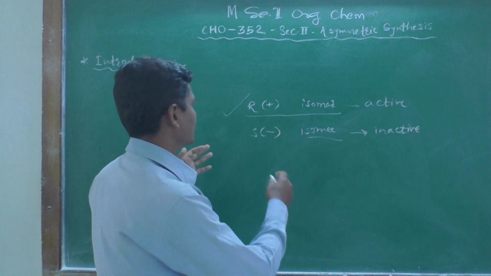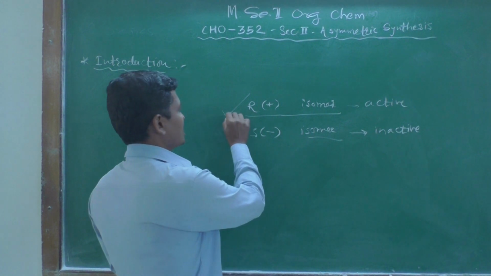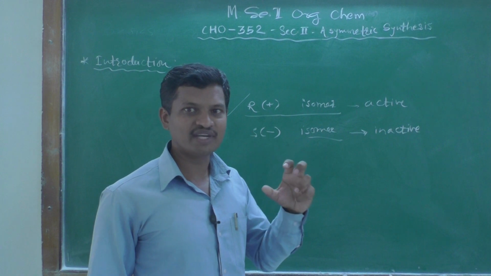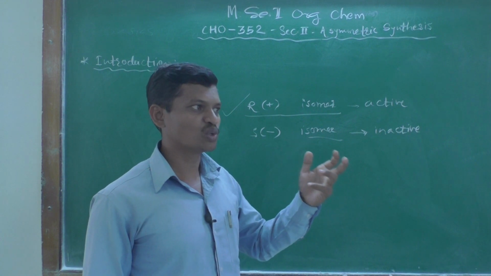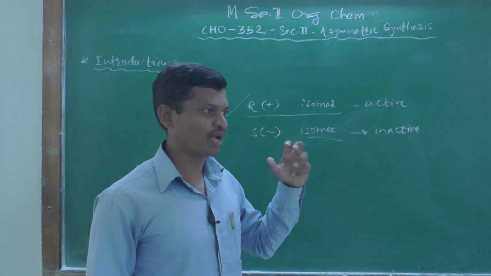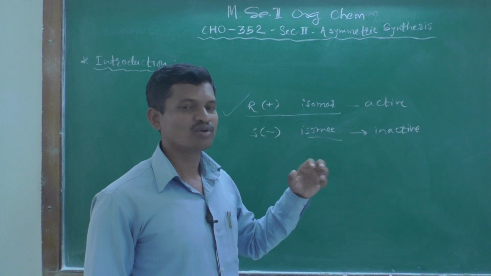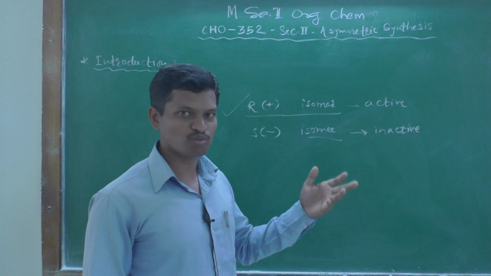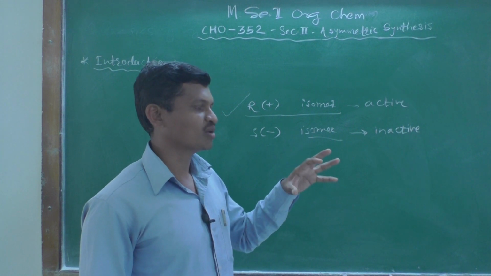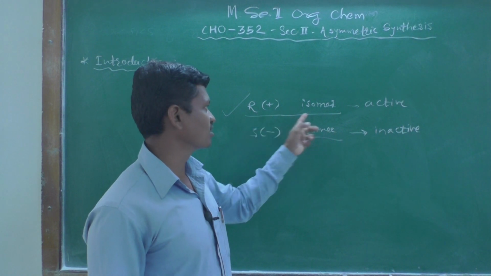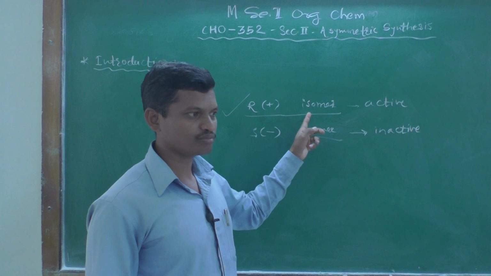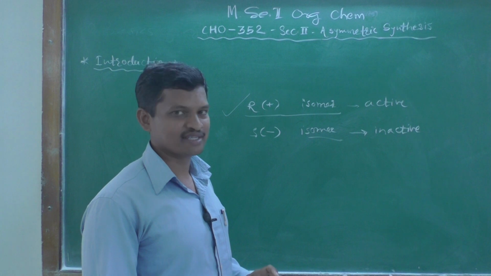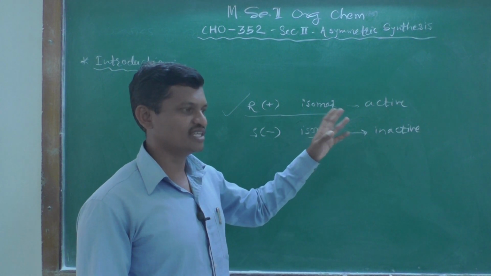So that's why in this case, let us say this R isomer is useful, or it is showing a proper activity against the growth of some microorganisms or viruses which are growing in other organisms or the host body, and we are using that compound, that final product, for the control of that parasite or for the control of that disease.